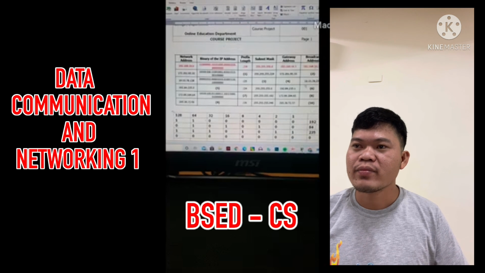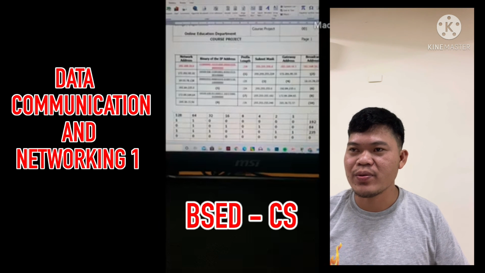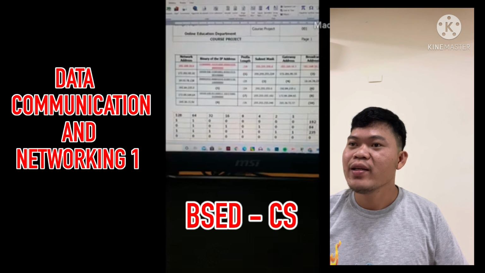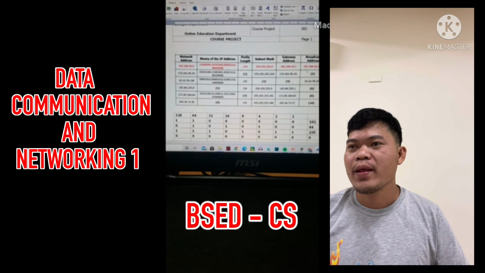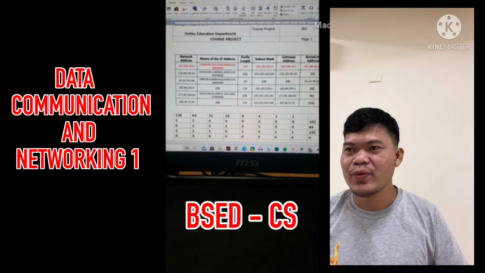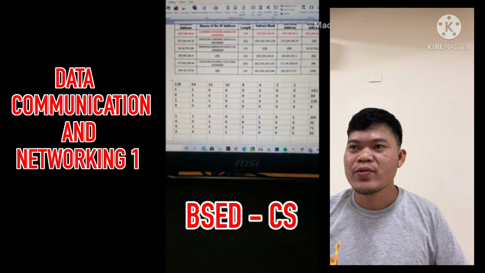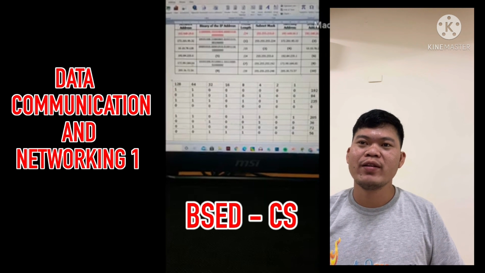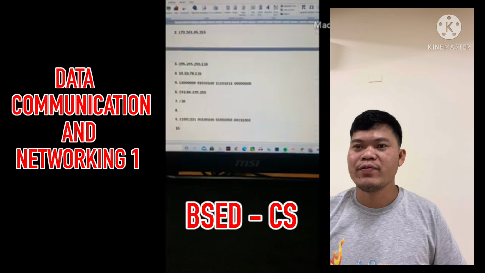Then number 8, same as number 2 and number 6: just copy the network address and change the last digit into 255. So the answer for number 8 is 172.99.184.255.